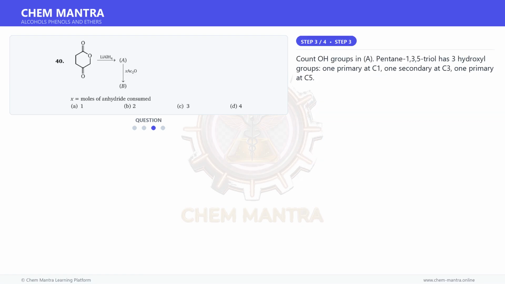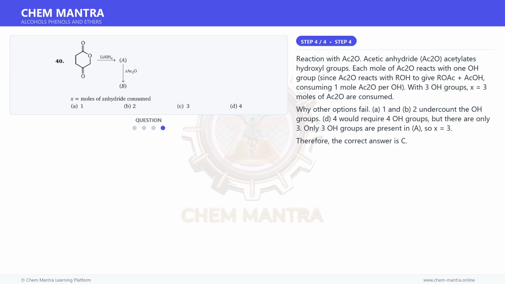Moving on to the next step. Count of groups in A. Pentane-1,3,5-triol has 3 hydroxyl groups, 1 primary at C1, 1 secondary at C3, 1 primary at C5. And for the final step, reaction with Ac2O.